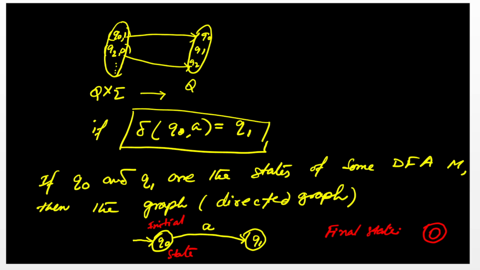Now, as we have mentioned, a transition graph we can visualize by using the transition graph. So now, when does a transition system accept a string W? We assume that W is a string.